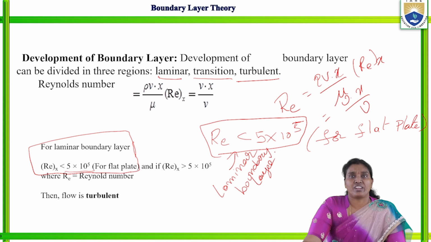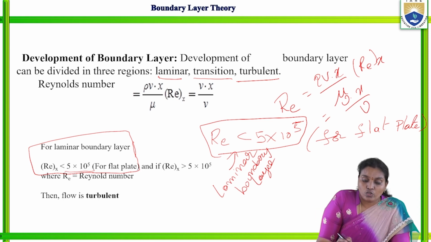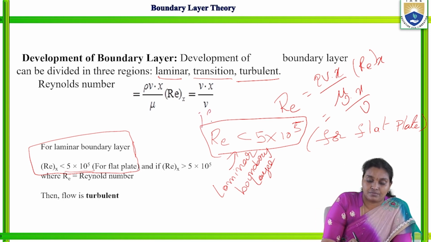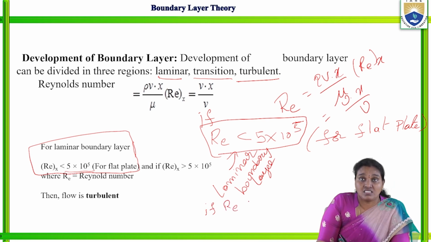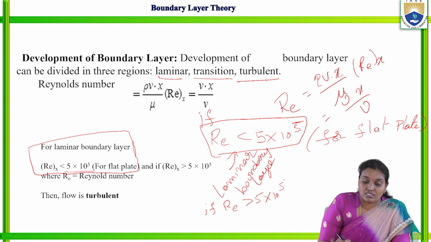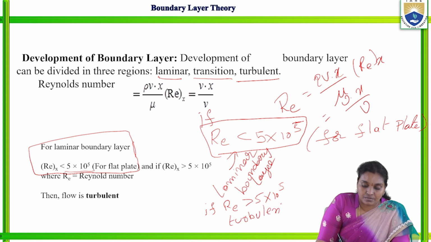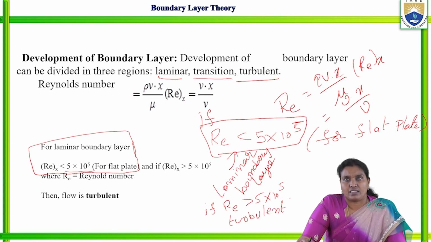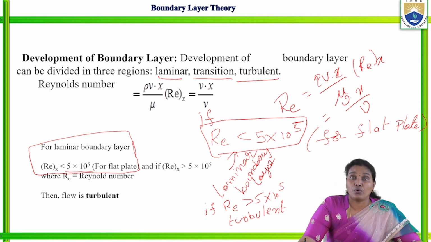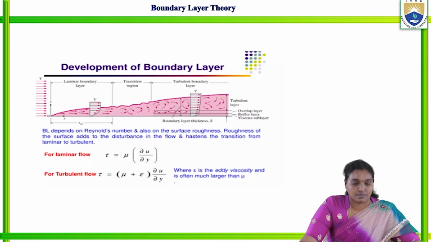If the Reynolds number is more than 5 into 10 to the power of 5, such type of flow is turbulent. Like that, the development of the boundary layer is divided into these regions.